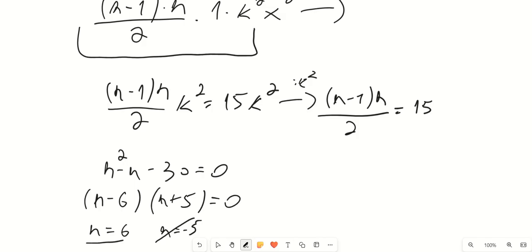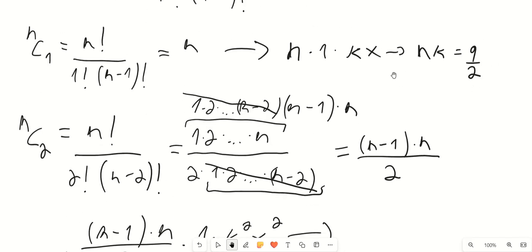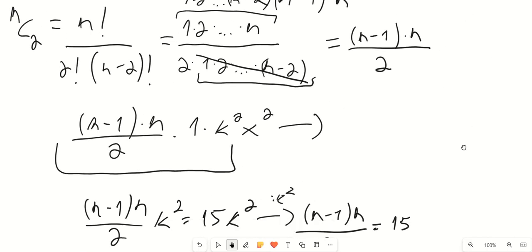So I am left with n equals 6, and in order to find the value of k, I use this equation that I already got, where nk is 9 over 2.